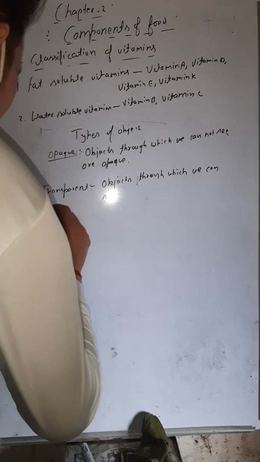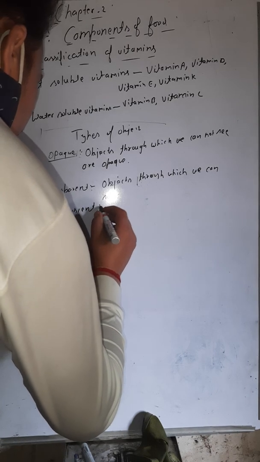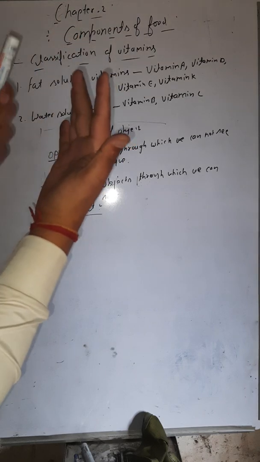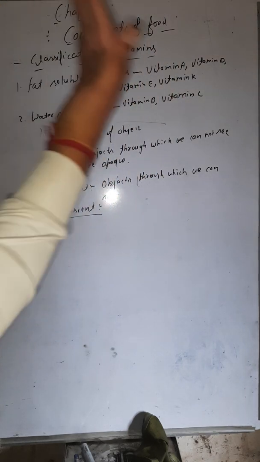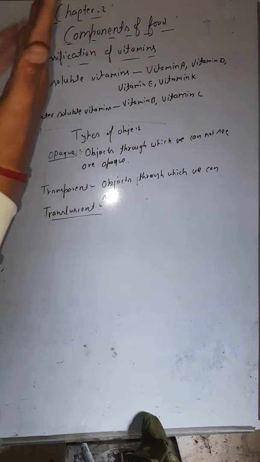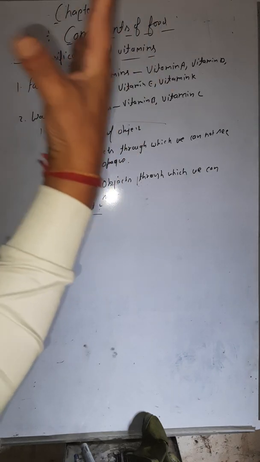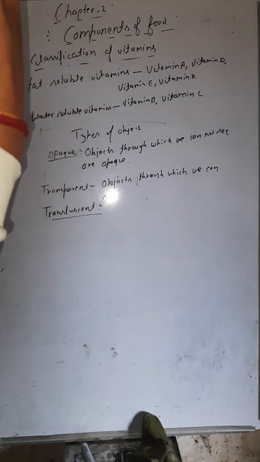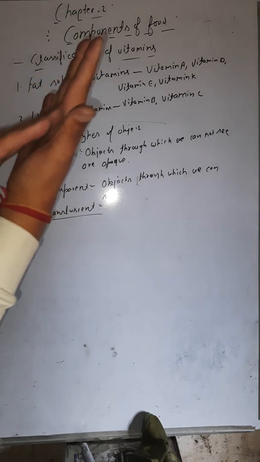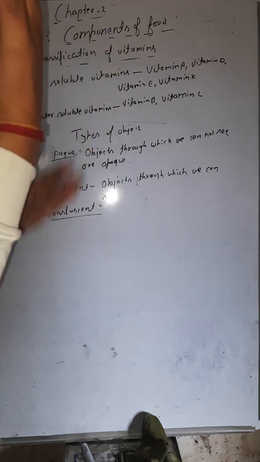And the third one are translucent objects. Translucent objects are what? Objects through which you can see, but not clearly, only partially. Suppose I have a piece of paper, which is an opaque object. You cannot see through a piece of paper. But if I put a few drops of oil over this piece of paper, it becomes translucent.